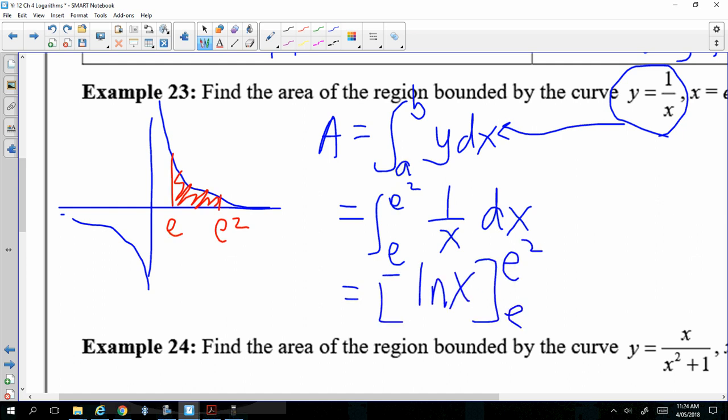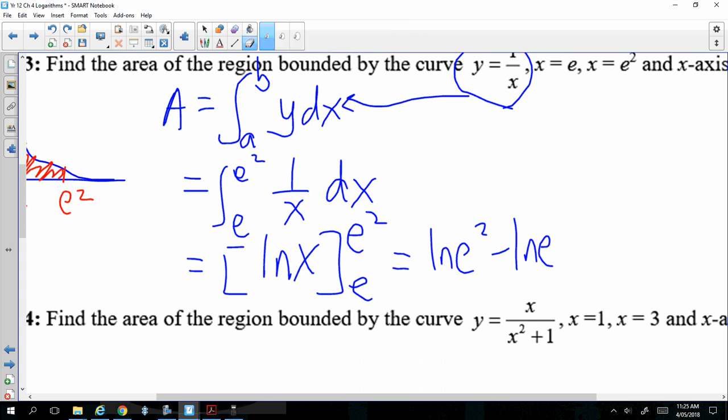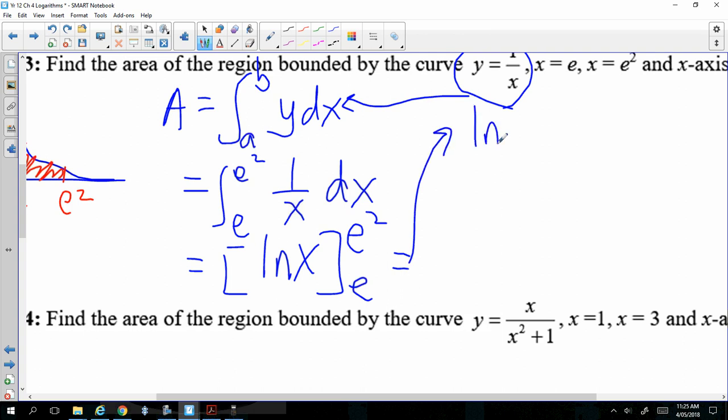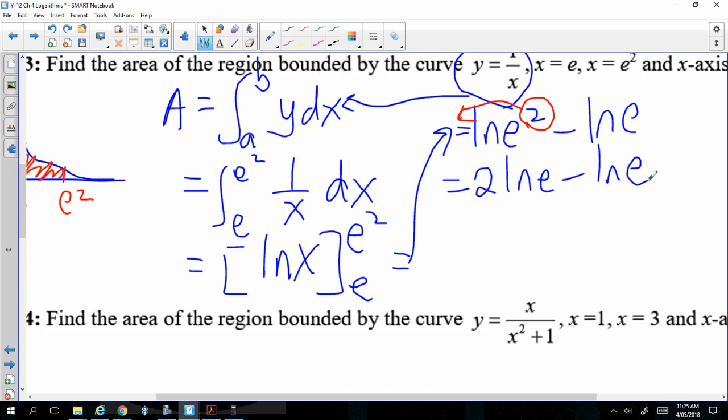Then you get ln e squared minus ln e. For ln e squared, the 2 can be brought down by the log law. And then we know what ln e is: ln e is 1. So the area is exactly 1.